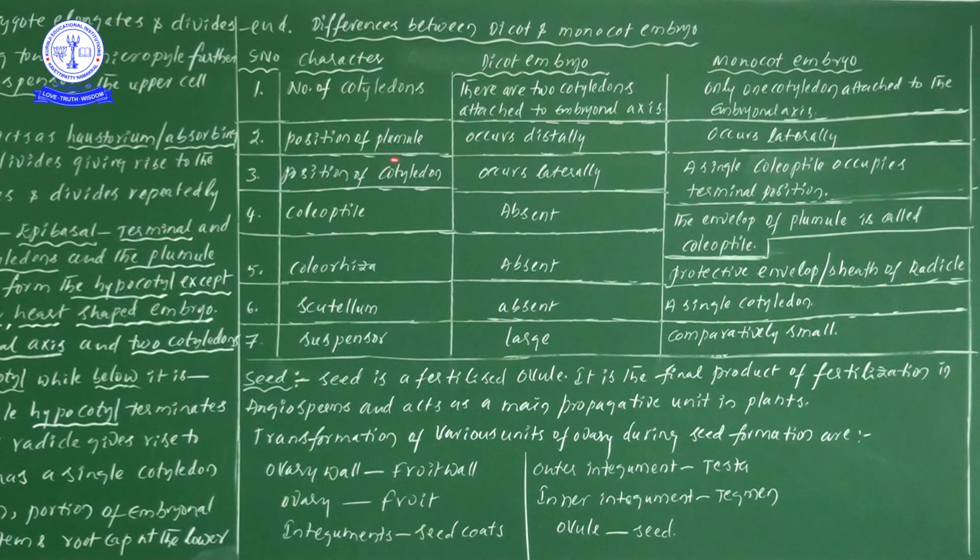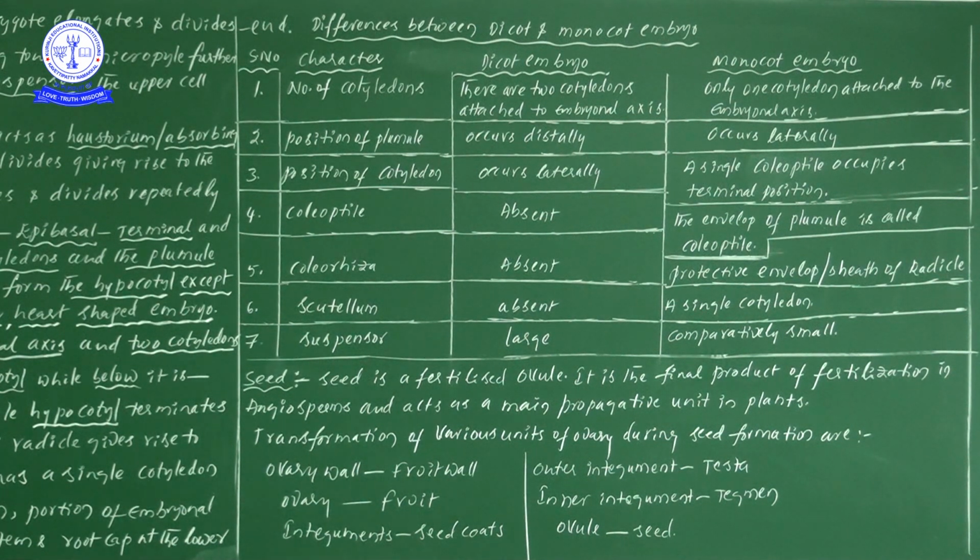Next one, position of cotyledon. A single coleoptile occupies terminal position. Okay, one more time you see there. Position of plumule occurs laterally, and the position of cotyledon in case of monocot embryo, a single cotyledon occupies terminal position.